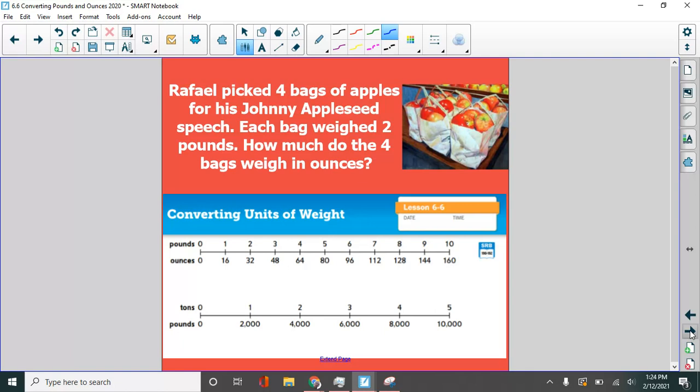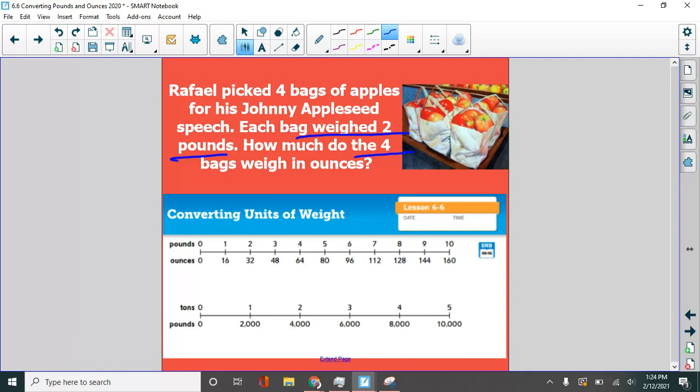Raphael picked 4 bags of apples for his Johnny Appleseed speech. Each bag weighed 2 pounds. How much do the 4 bags weigh in ounces? All right, this is a 2-step problem, isn't it? Each bag weighed 2 pounds, and there were 4 bags. 2 times 4 is 8, right? So there's 8 pounds.